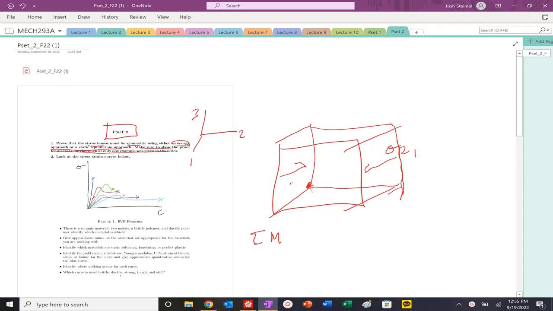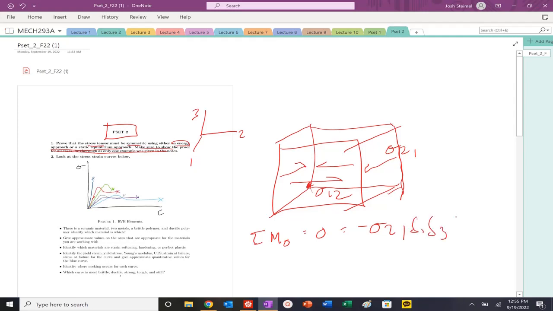So now we can do sigma 2, 1, that is in the positive direction. We can also do sigma 1, 2, with the normal coming out in the 1 direction, pointing in the positive 2 direction, so those are all positive as well. We can sum the moments around our origin again. Sigma 2, 1 is going to be negative because it takes us in the clockwise direction.